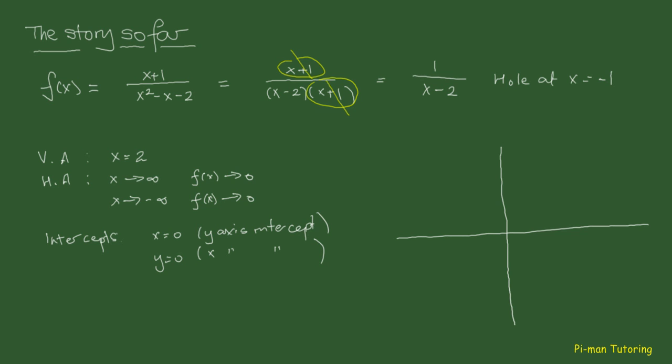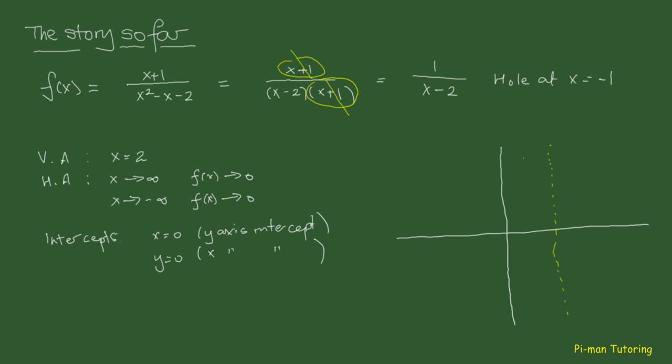We said we've got a vertical asymptote at 2. Let's assume this is x equals 2. We know that the function is approaching 0 as x tends to infinity. And the thing to do is to look at the behavior just to the right and to the left of that asymptote.